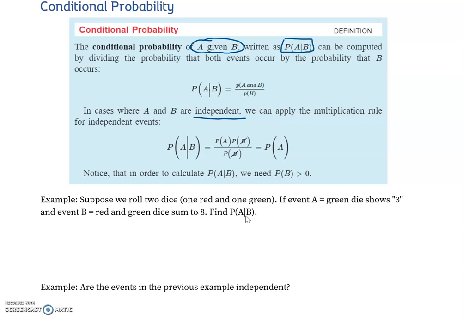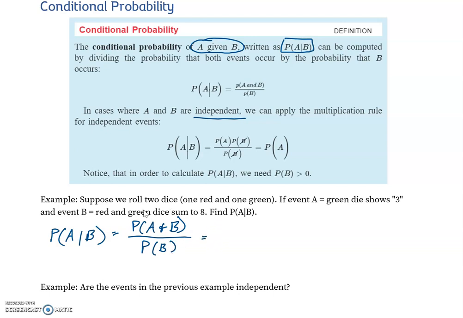Let's find the probability of A given B. Using that definition again, it's the probability that both occur, A and B, divided by the probability that just B occurs by itself.